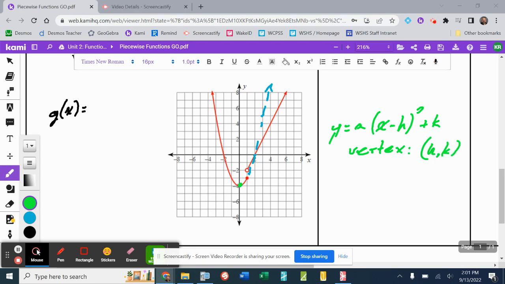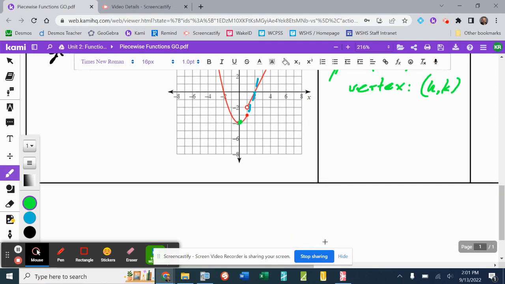So looking at this sample graph, I can see that the vertex down here is at (0, -4). So that simply means that the h value here is 0 and the k value is -4.